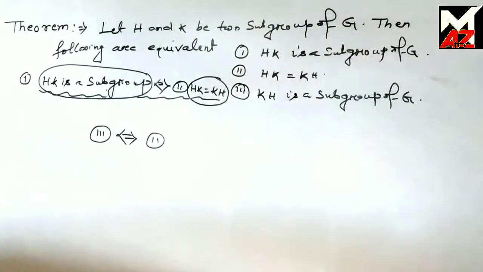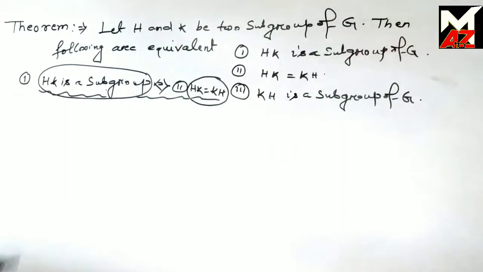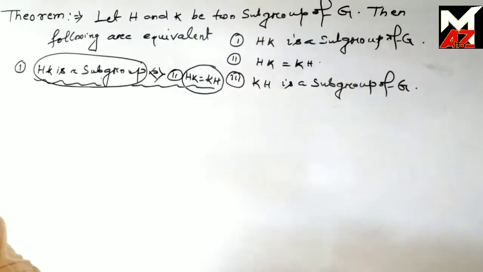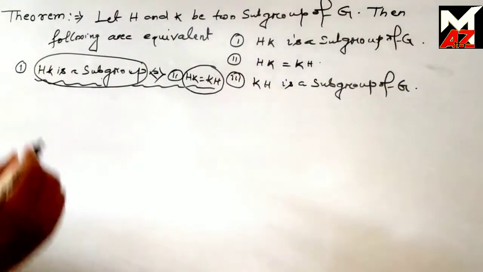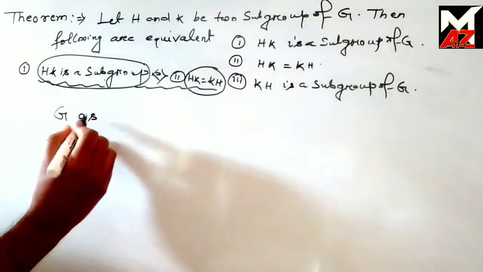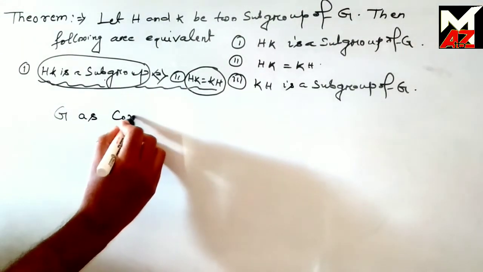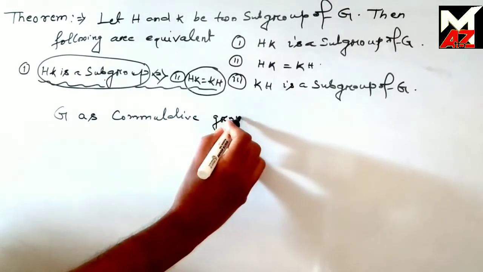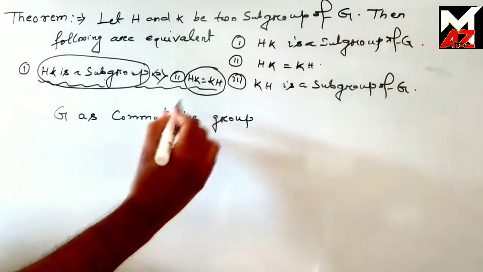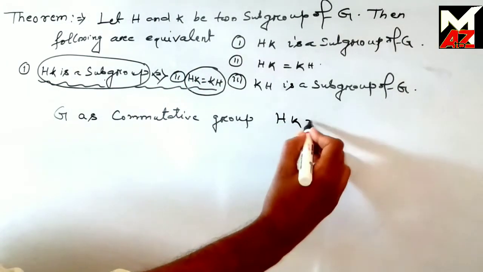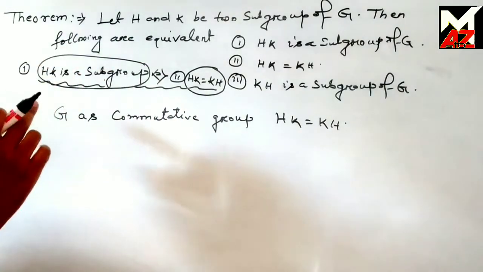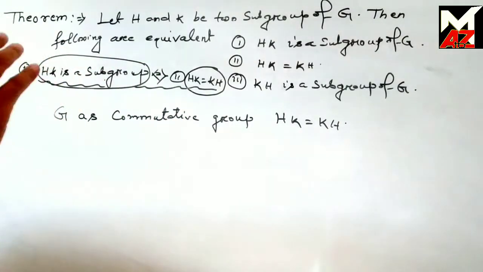Right? And here we state an important note: if we take G as a commutative group, then always HK equal to KH for all subgroups of G, because if G is commutative, then all the subgroups of G are also commutative.